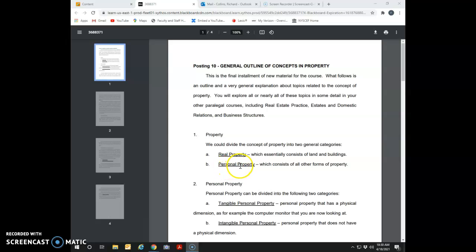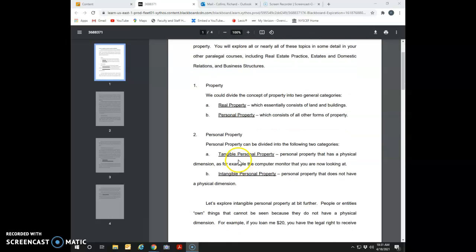The other type of property, which would be everything other than land and buildings, would be personal property. And if we take a look at personal property, we can see that it can be divided into 2 categories. We have tangible personal property, and we have intangible personal property. Tangible personal property would be property that has a physical dimension.